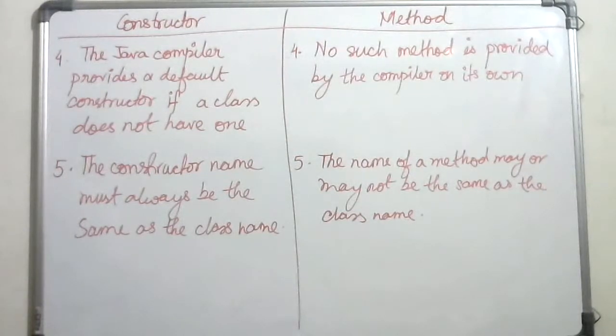So the name of a method may or may not be same as the class name, but for a constructor, it's a hard and fast rule to have its name as same as that of the class name. So these are the five basic differences between a constructor and a method in Java.